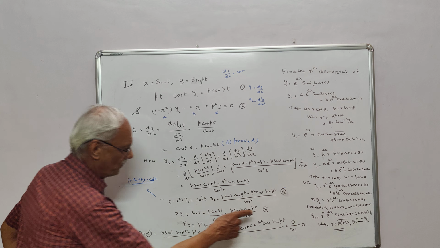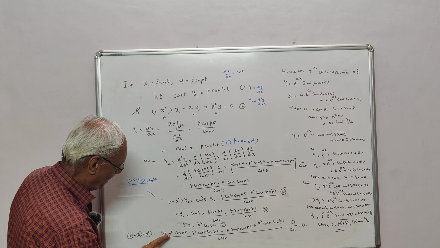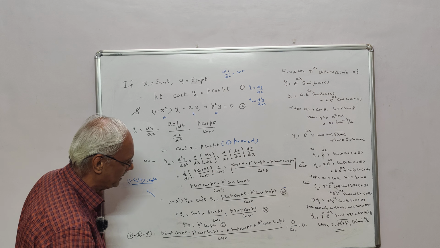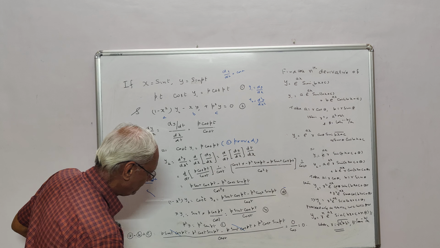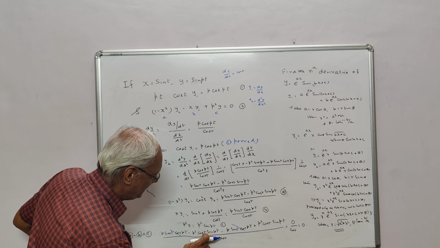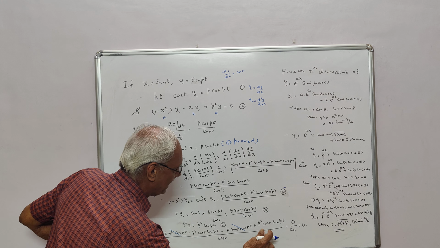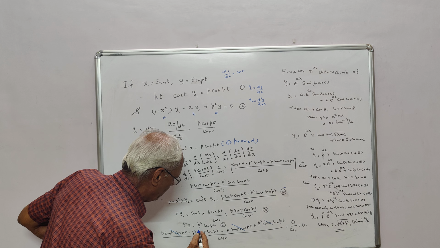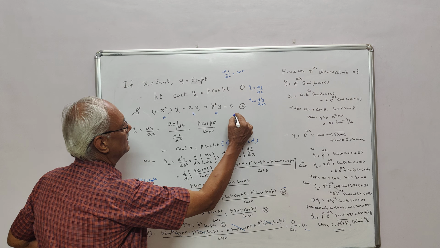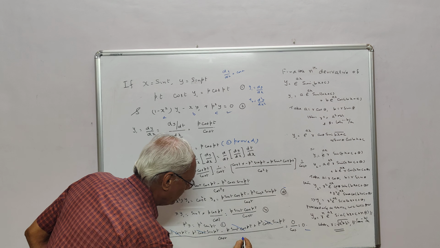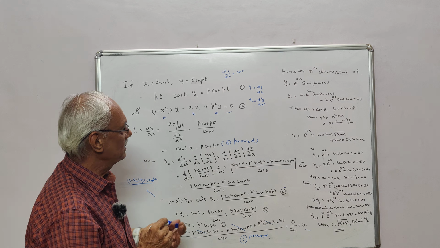Now when you do the simplification, you will find that p sin t cos pt and this will go. This is p square cos t sin pt, this is minus and this is plus. So these two will go off, giving you 0. 0 divided by cos t is 0. So you have got this result. So, to prove. So this is all about this problem.